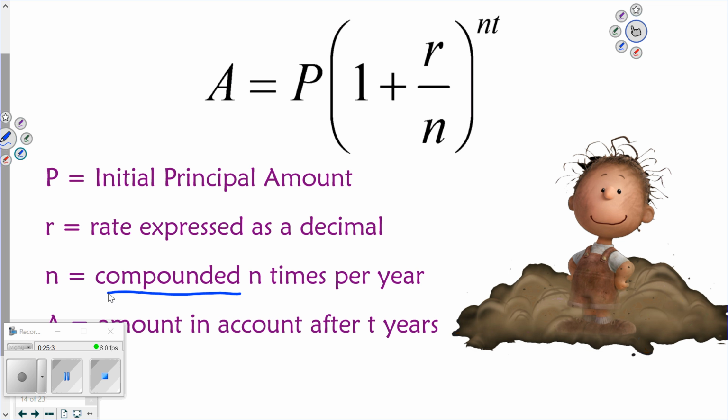n times per year. So what happens when it's compounded, what that means is they take your initial amount of money, you've earned interest, and then they're going to take your interest and add it on to your principal, and now you're going to earn interest on that amount. So if they said they did it monthly, then every month, if I started with $100, let's say I earned $10 in interest, the next month they're going to take that and say it's $110.